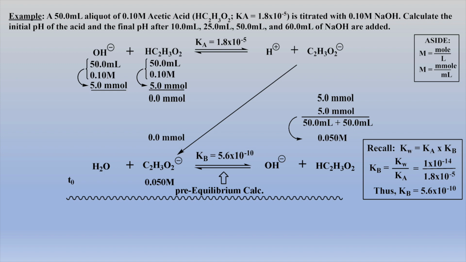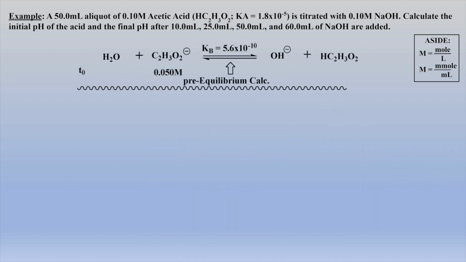The Ka for acetic acid is easily converted to a Kb for acetate when we recall the relationship Ka times Kb equals 1 times 10 to the minus 14. And again, it is a good idea to write the equilibrium constant over the equilibrium arrows.